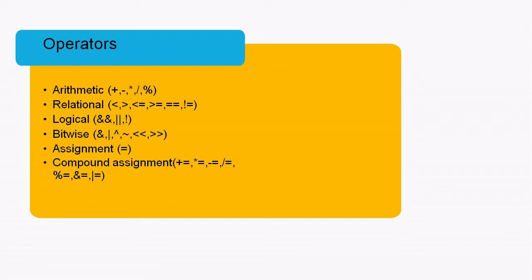These are logical operators. Bitwise operators: and, or, exclusive or, one's complement, left shift, right shift. These are bitwise operators. Then comes assignment operators. Equal to is a simple assignment operator.